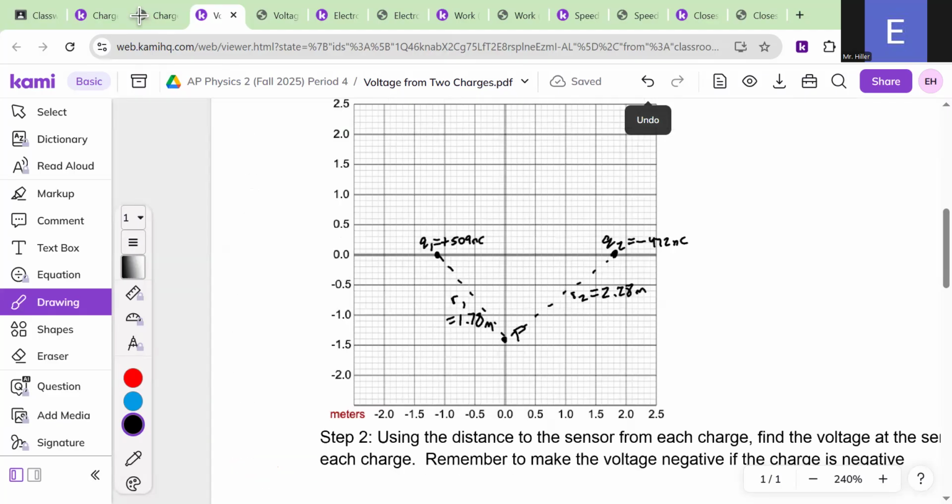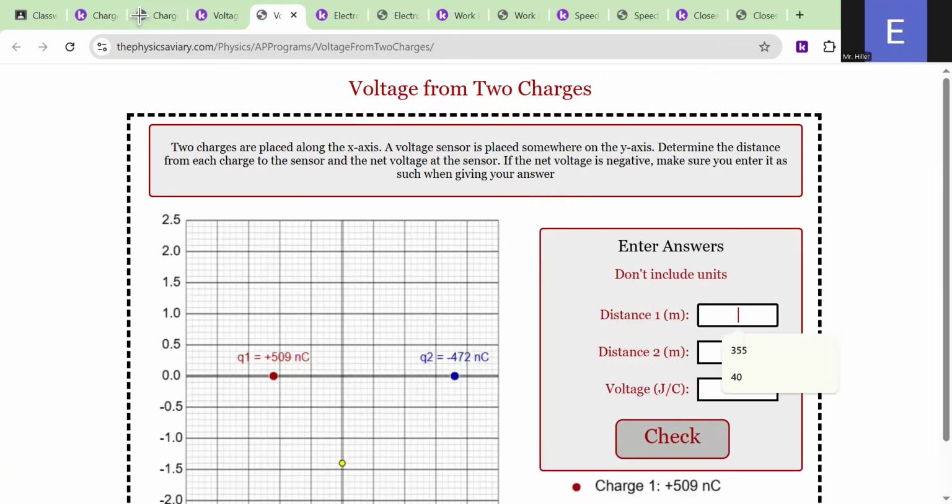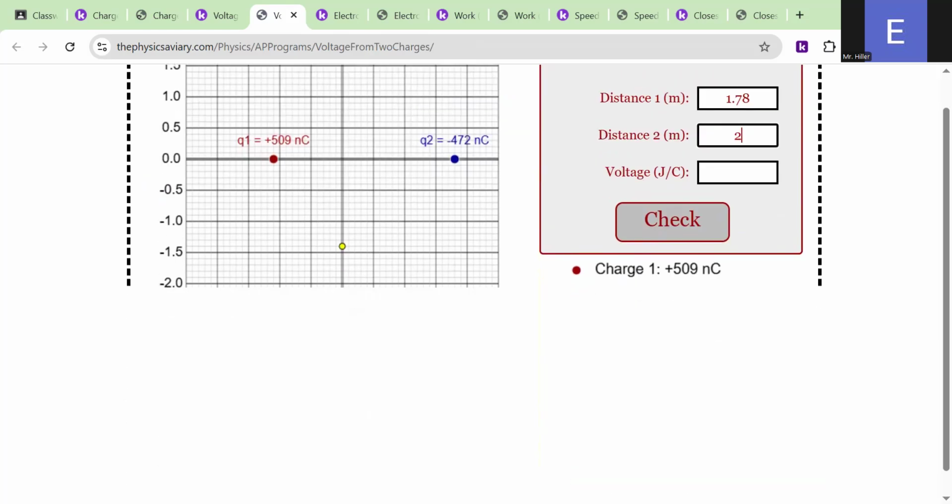So that's the first thing I have to do, enter in my meters. So 1.78, 2.28. Now I've got to find the voltage.